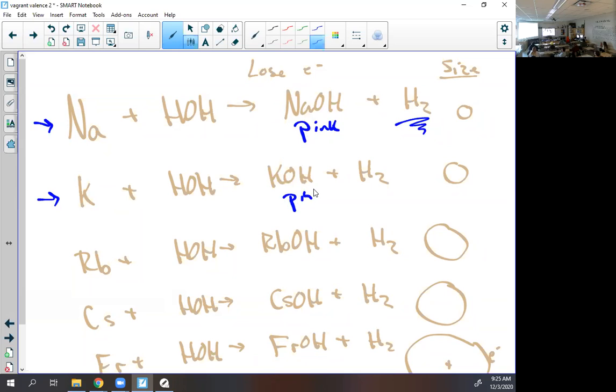It went pink, it sizzled, and then it lit on fire because this one's really hot, but it produced hydrogen gas. Rubidium, water, same products. Cesium with water, same products. Francium with water, same products. They all behave the same because all of them had 1 valence electron that they will lose in a chemical reaction.